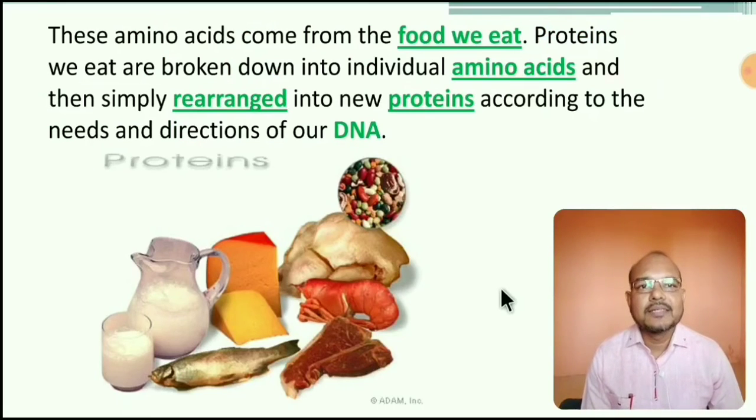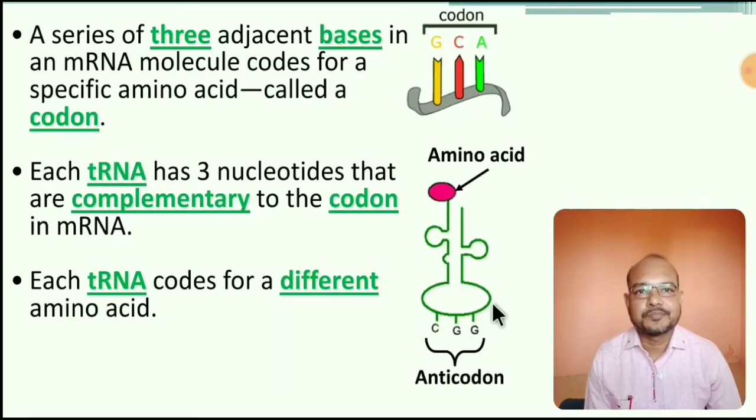These amino acids come from the food we eat. Proteins we eat are broken down into individual amino acids and then rearranged into new proteins according to the needs and direction of the DNA. These are all sources of protein-rich diets.